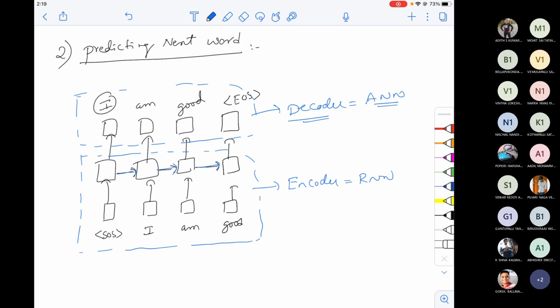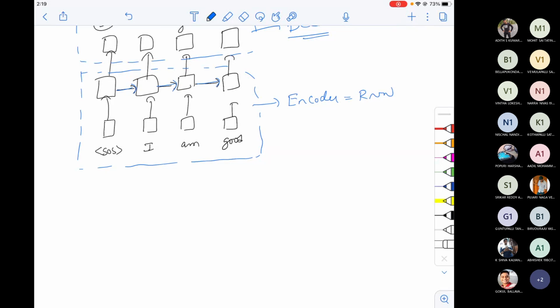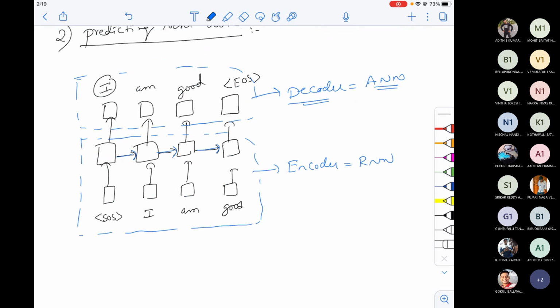Now, assume that I stopped extending this further, and in the exam I asked a question like this. See, I'm just telling how the questions will come. Write the equation for the above architecture, precisely the decoder. Write the decode equation for the above architecture.